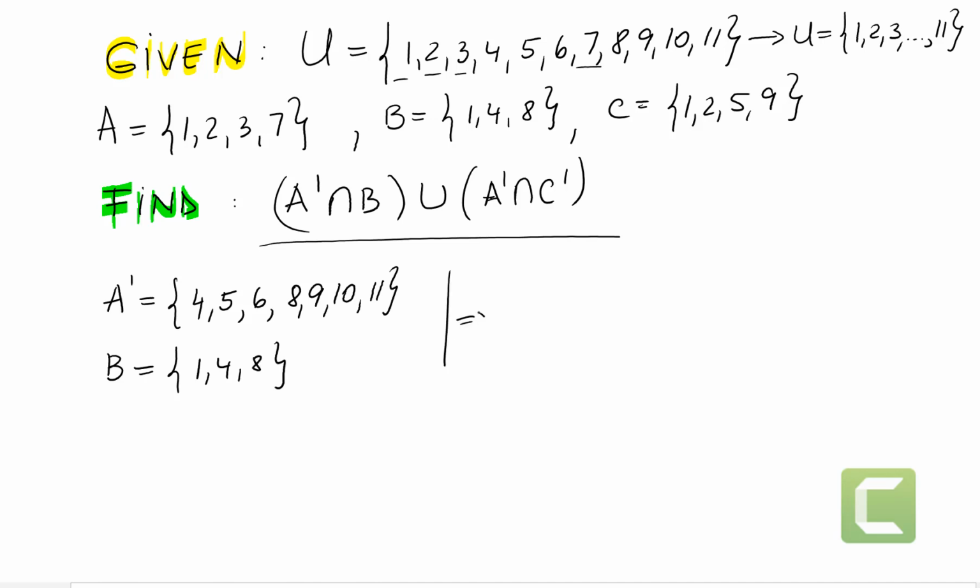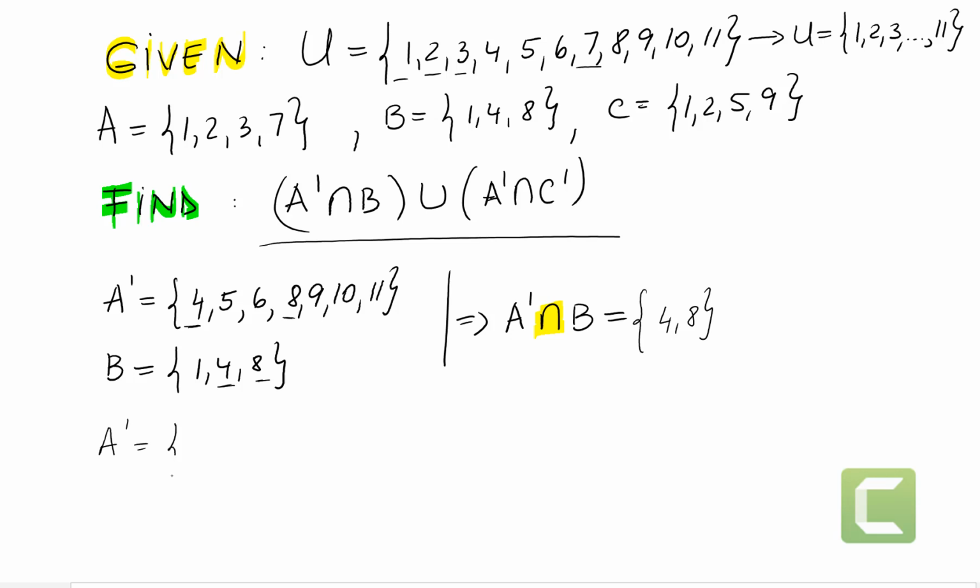I can immediately calculate the intersection of A prime with B. Intersection means where they intersect, what they have in common. So what they have in common is 4 and 8.